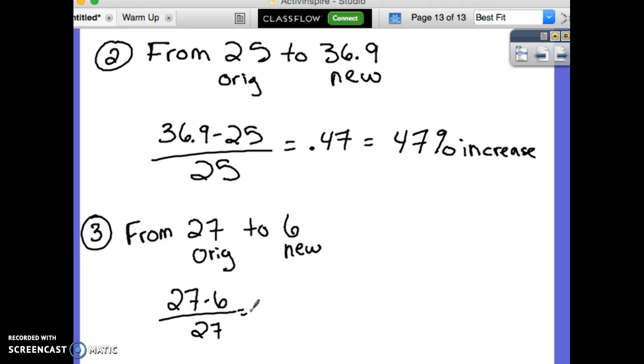And we get 0.78, which is 78%, and it was a decrease. Okay, you could have done it the other way, 6 minus 27 divided by 27. Only change was this would have been a negative 0.78.